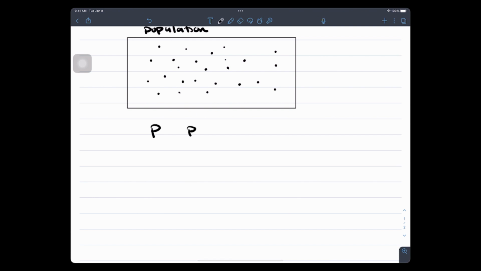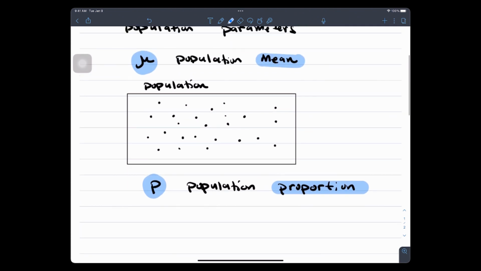P is called a population what? They use another sort of general phrase. It's called a proportion. Population proportion. It's P. Now you might say, what's a proportion?